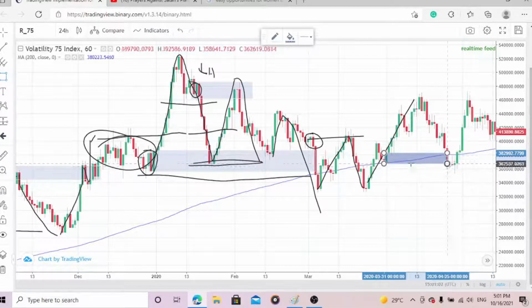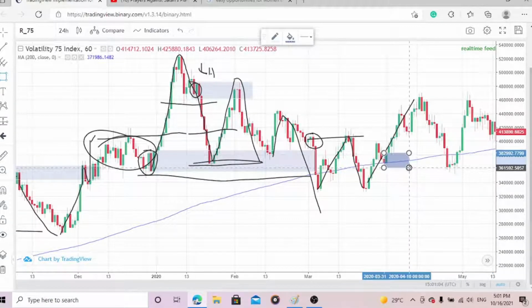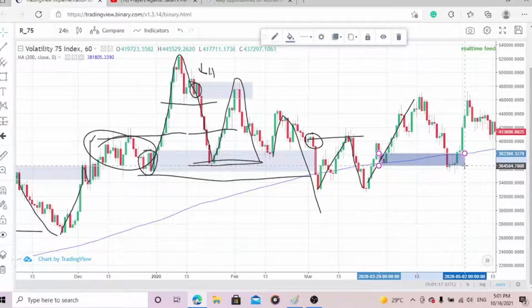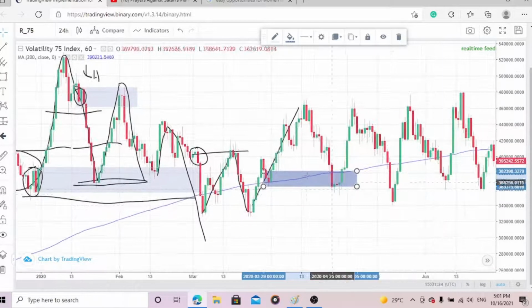You highlight. Just mark the tops and the bottoms of the candle, and then just drag it to the side. Then you wait for the market to come to that area. What happened when the market got there?